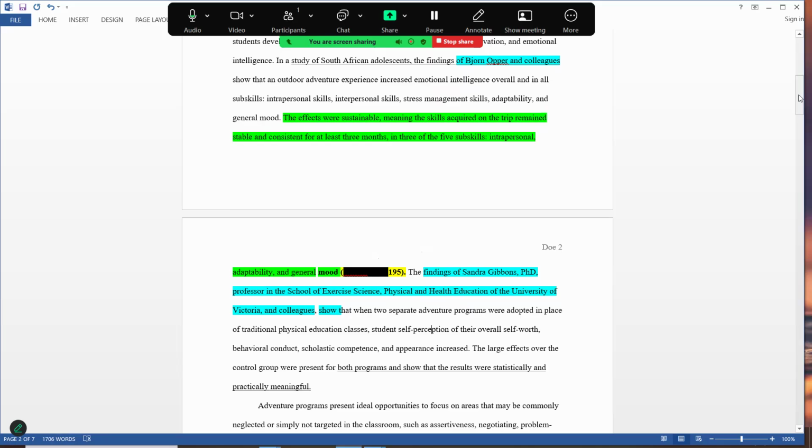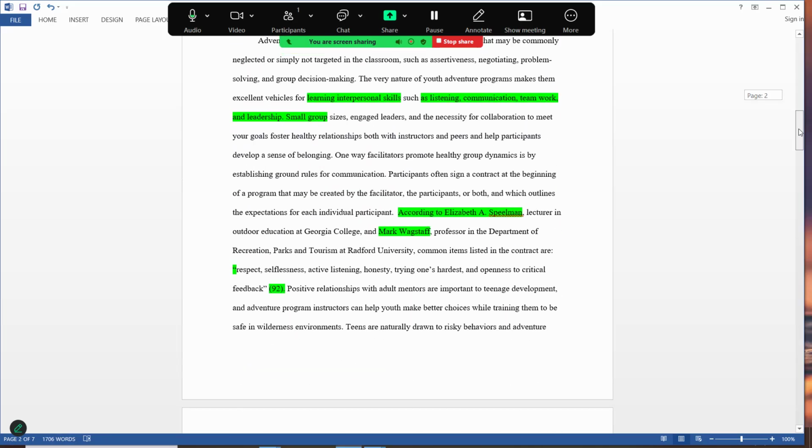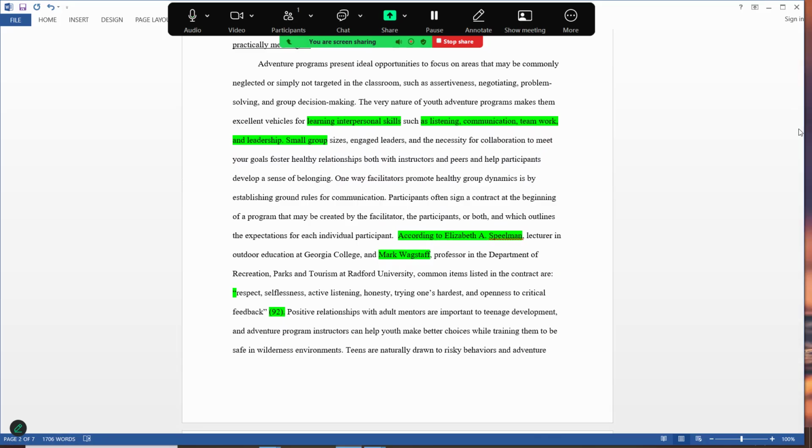I tell my students that if you think of it this way, in your academic community, you are always writing your research paper for the next researcher. So it's as if your next researcher is looking over your shoulder and wanting to know where they can find this information so they can take your research and expand on it, take it to the next place, or pass the torch, so to speak.